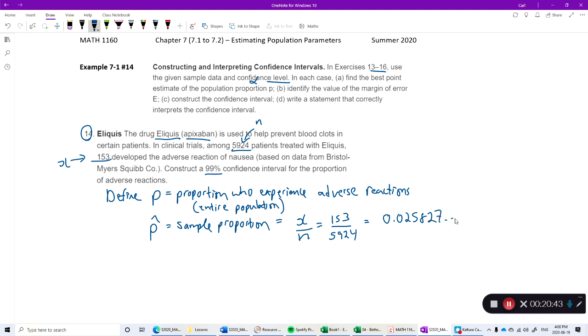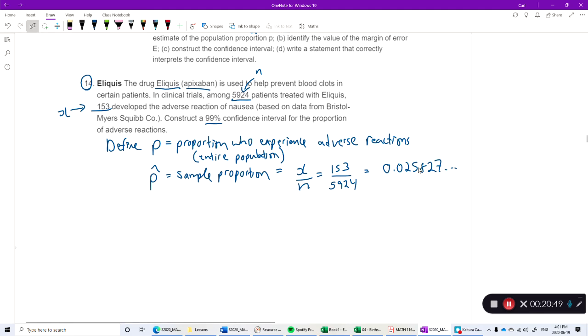We'll round it later if we have to. And so, okay, about 2.5% experience adverse reactions. And while we're at it here, let's calculate q hat, which is 1 minus p hat, which is 0.97417.